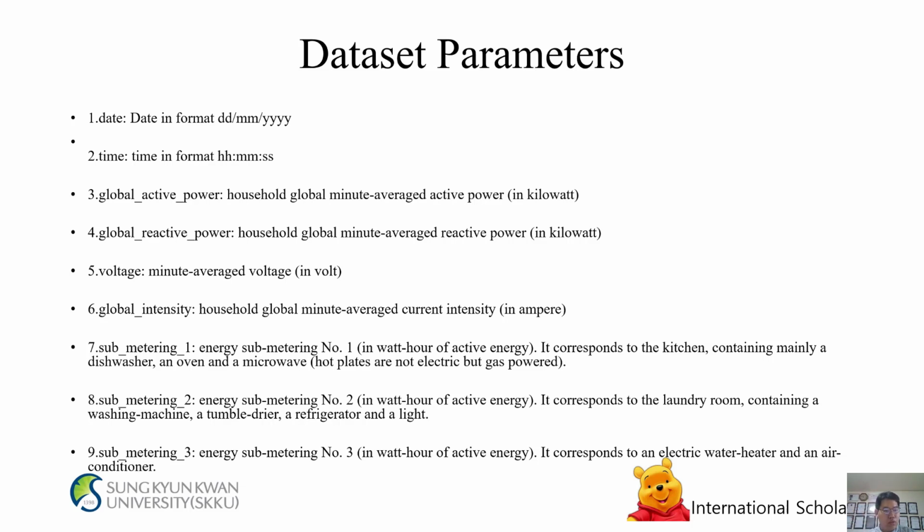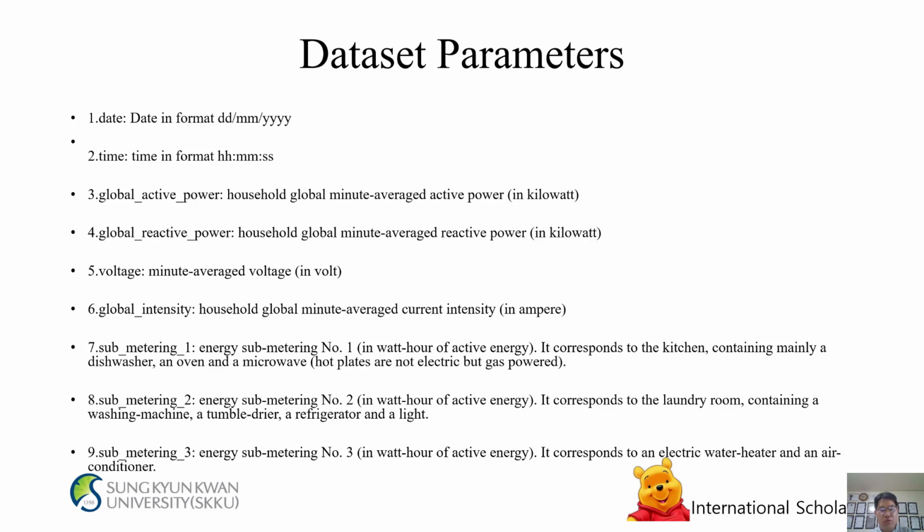Number 7, submetering 1. Energy submetering number 1, in watt-hour of active energy. It corresponds to the kitchen, containing mainly a dishwasher, an oven, and a microwave. Hot plates are not electric but gas-powered. Number 8, submetering 2. Energy submetering number 2, in watt-hour of active energy.